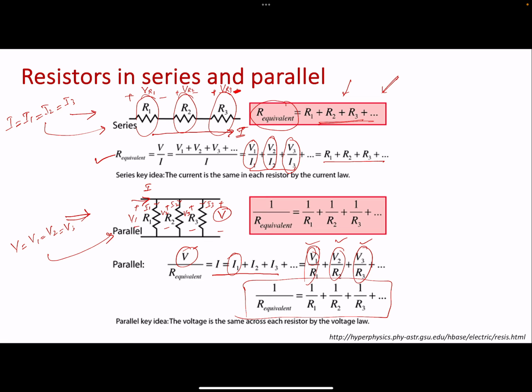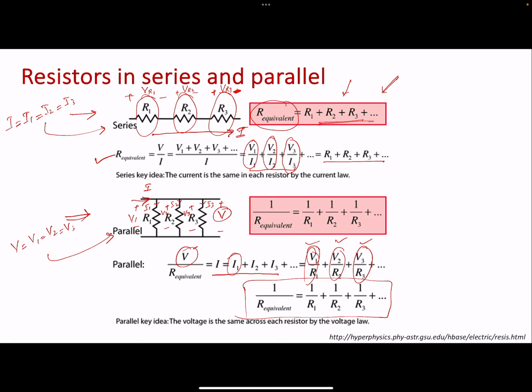In series, the same current flows through the resistors, and in a parallel combination, the same voltage drop appears across all the resistors. That is why we get these equations for the equivalent resistance.